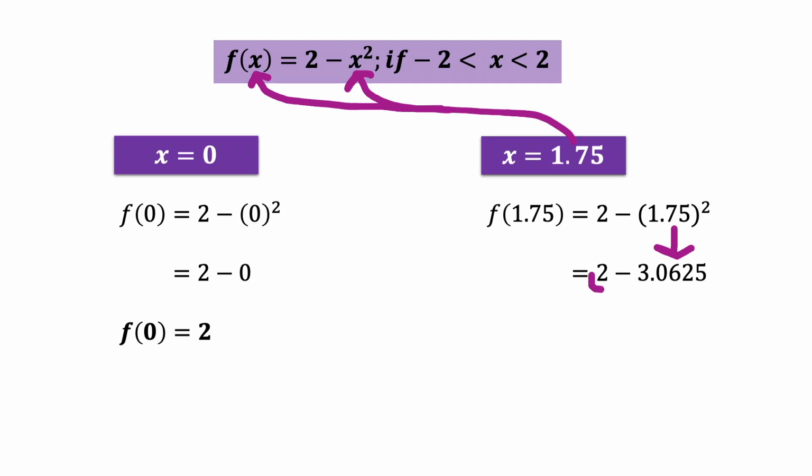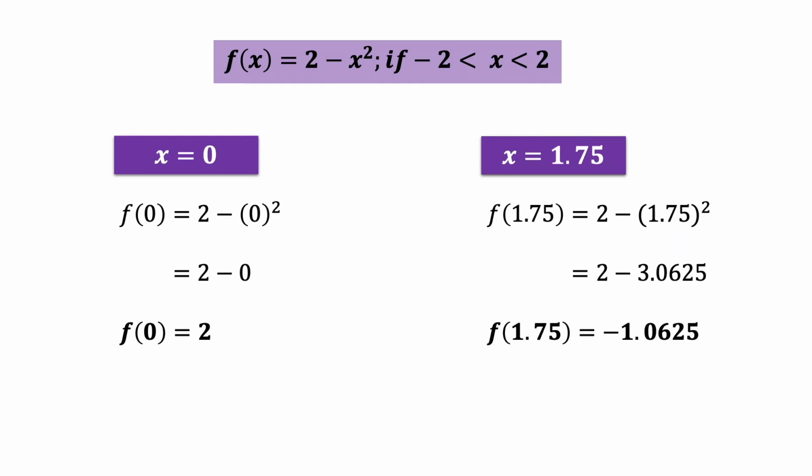Now, 2 minus 3.0625 is negative 1.0625. Therefore, f of 1.75 is negative 1.0625.